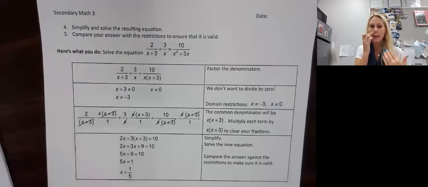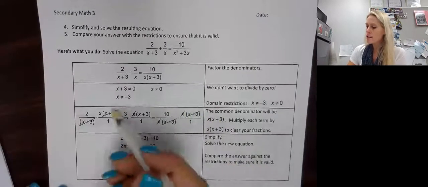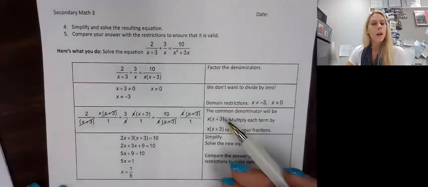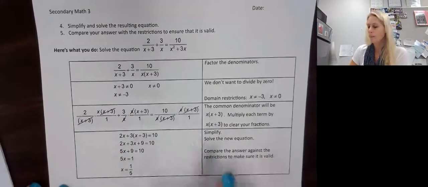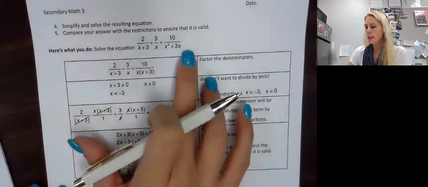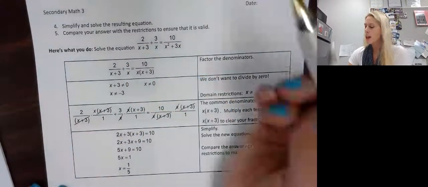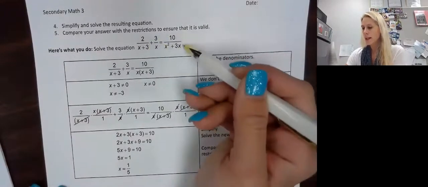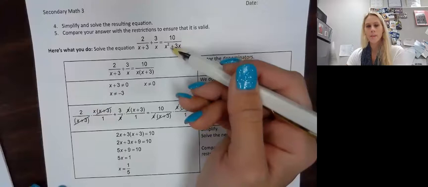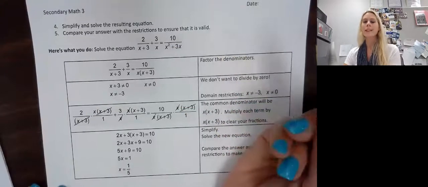So this is an example here. Now, I might do this step just a little bit differently, but I'm just going to say common denominator and go from there, okay? So if we have this problem right here, the first thing we're going to do is factor. And if I look at each of these parts, the only thing to factor is this denominator right here. We can take out an x, the greatest common factor.